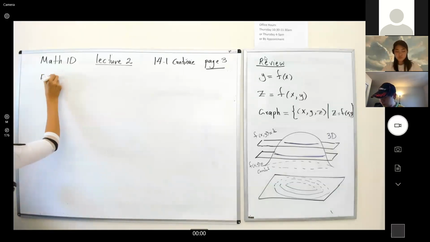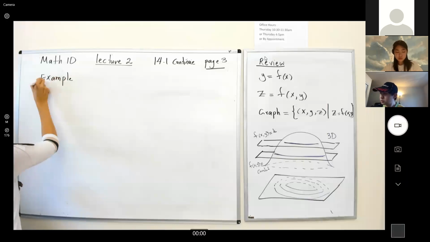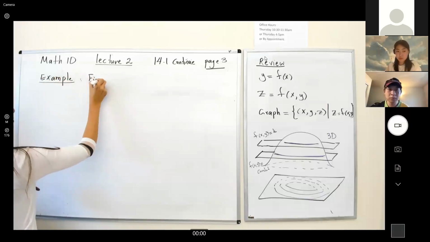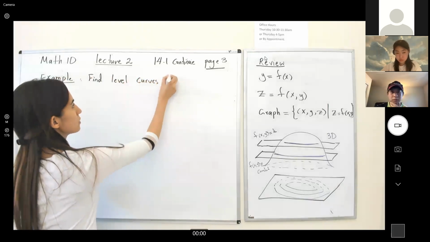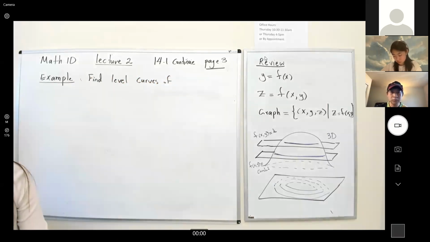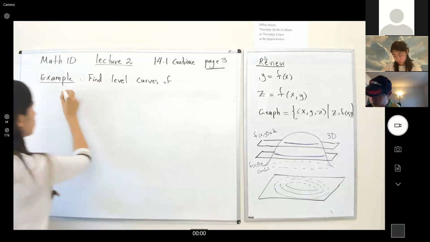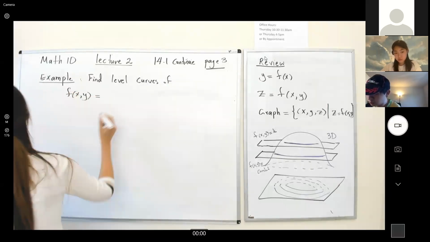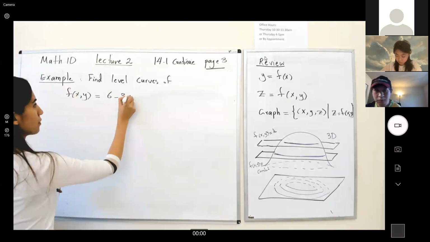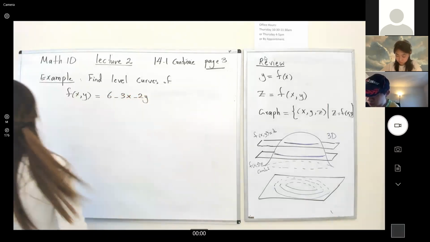Example: find level curves of the function given as f of x and y, which is equal to 6 minus 3x minus 2y.